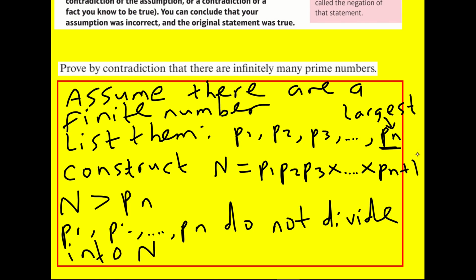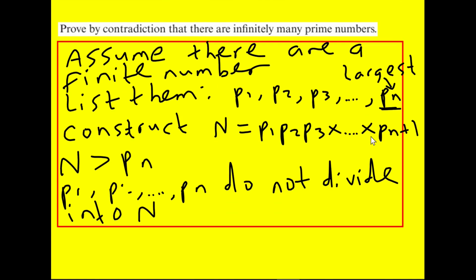Because they divide into this bit, I'm always going to get a remainder 1 when I divide by P1 and P2 and so on. Okay? So that must mean that n is not divisible by any of the primes. But that must mean that n is prime.